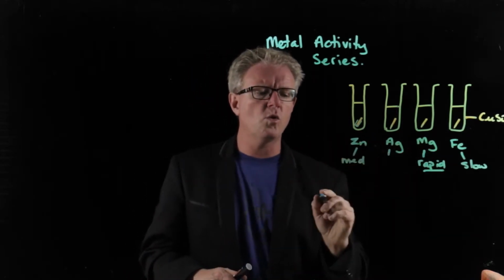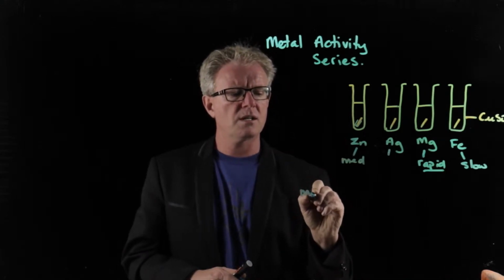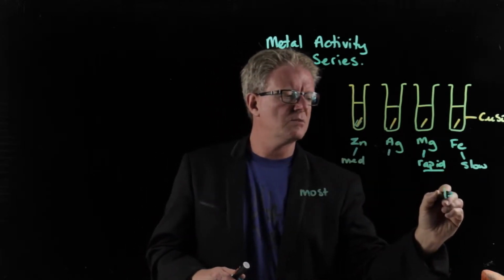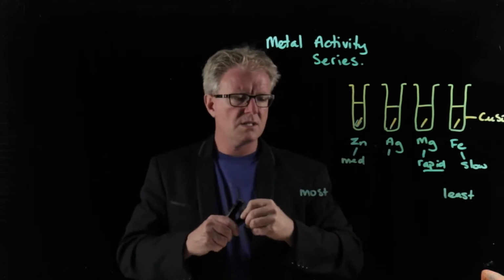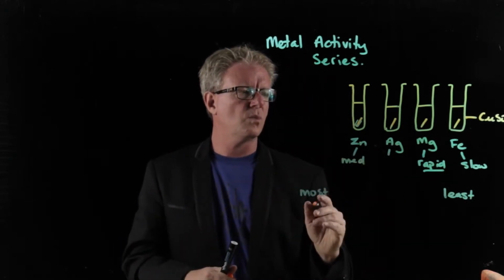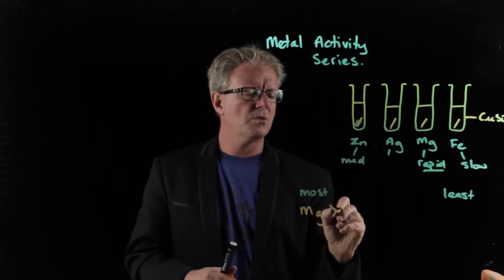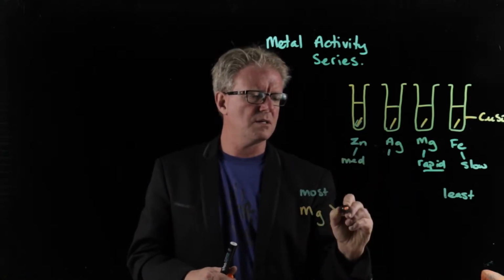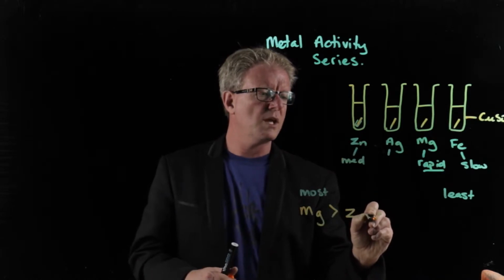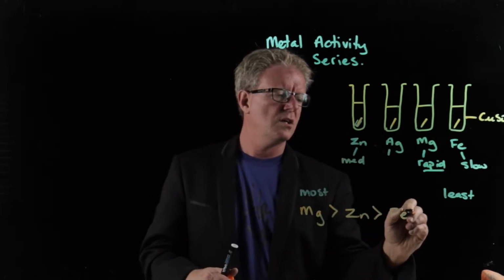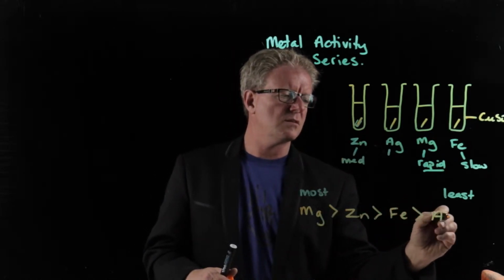And so we've now got an order. If we were to go from the most reactive to the least reactive, we could say that the most reactive here was magnesium, and then we can say it's more reactive than zinc, which is more reactive than iron, which is more reactive than silver.